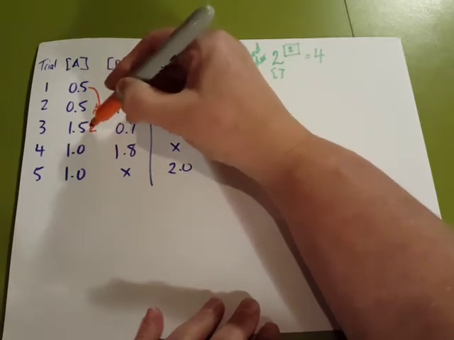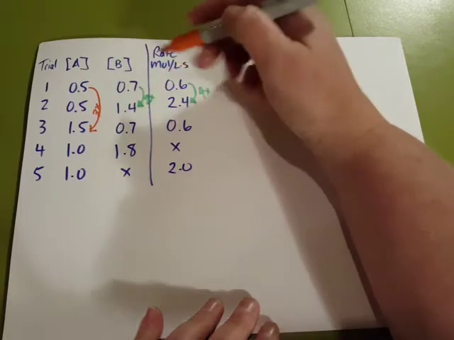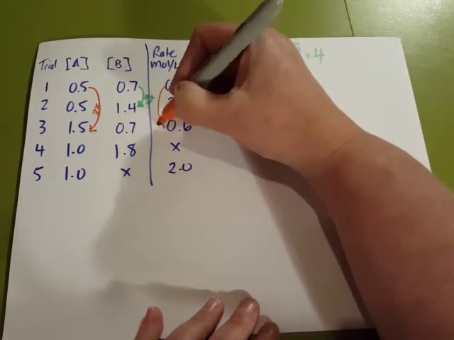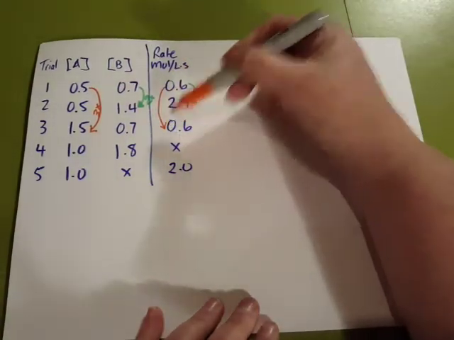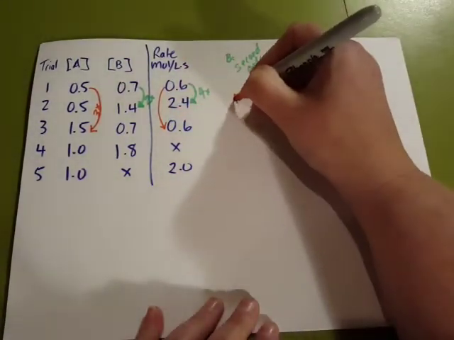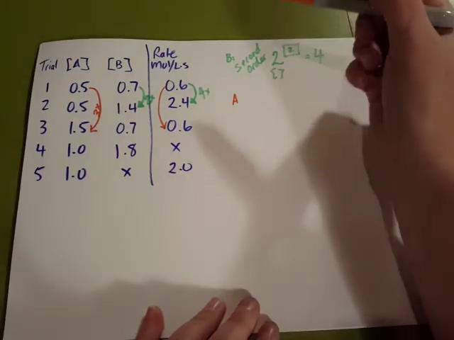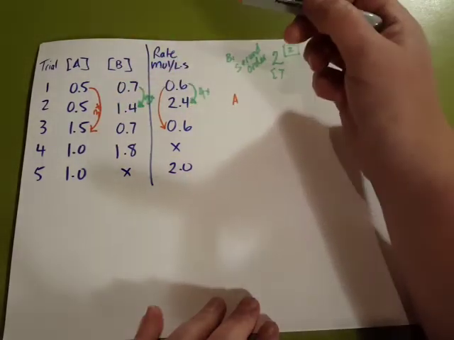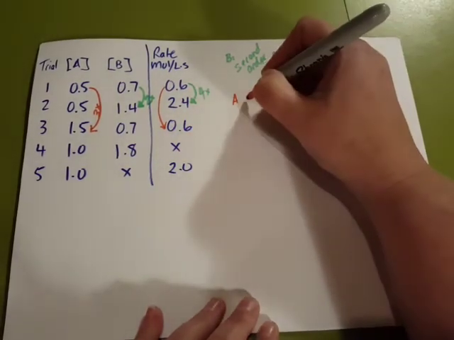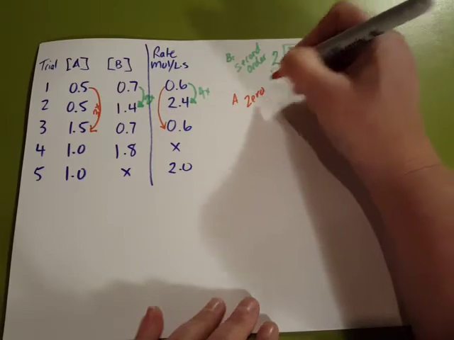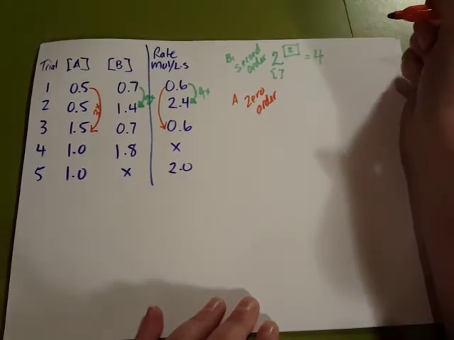We've got 3 times more A in trial 1 and 3. B stays the same. So what happens to the rate? I tripled the A. What happened to the rate? Nothing. Probably if I put 6 times as much A, I'd still have the same rate. So A is a 0 order reactant.